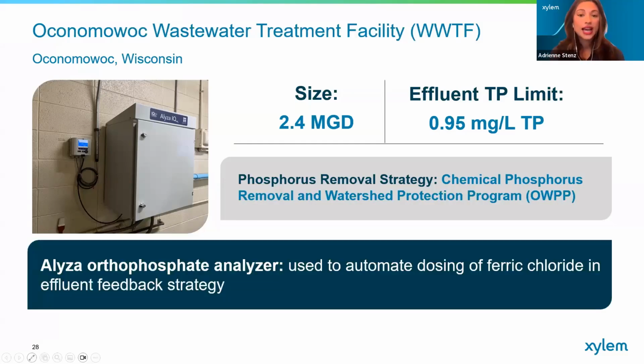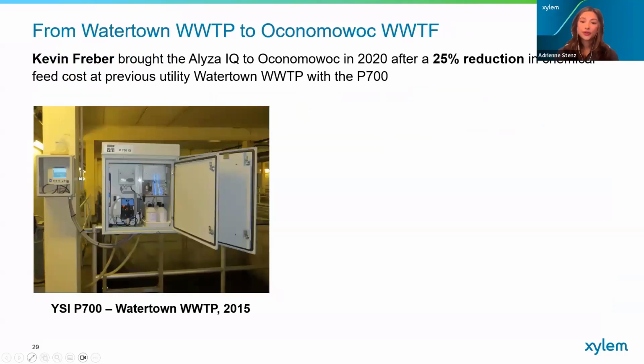Oconomowoc installed the Alyza analyzer in 2020 at the effluent of their facility indoors in their disinfection building to automate chemical dosing of ferric chloride upstream. The reason that Oconomowoc implemented the Alyza analyzer was because of operations manager Kevin Freber and his experience at his previous utility, Watertown Wastewater Treatment Plant.